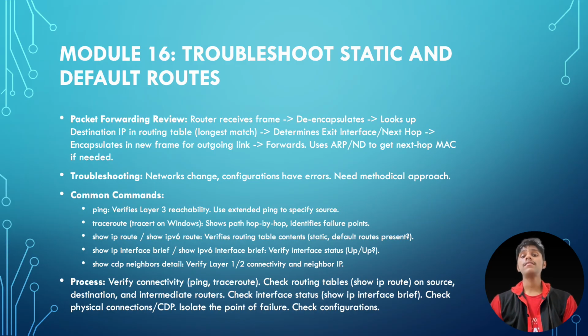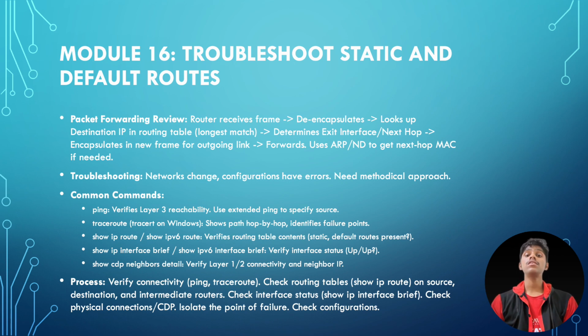The show ip interface brief command confirms that the interfaces involved are up and up, and show cdp neighbors detail helps confirm the direct connection and neighbor IPs.